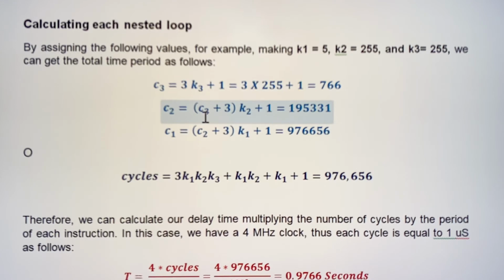For C2, we substitute the values, we get this number, 195,331, and then we substitute in C1, and we get this number, which is 976,656. So it's almost 1,000,000 cycles.